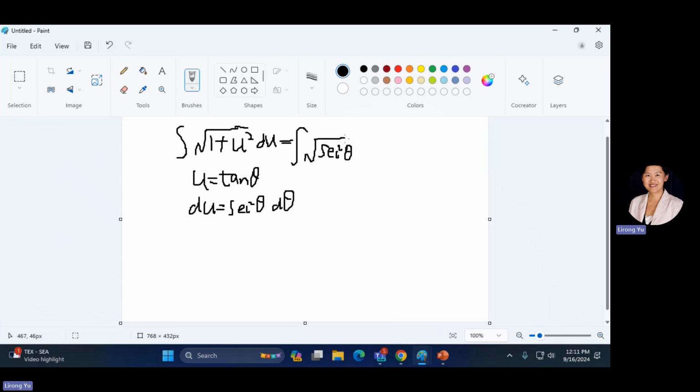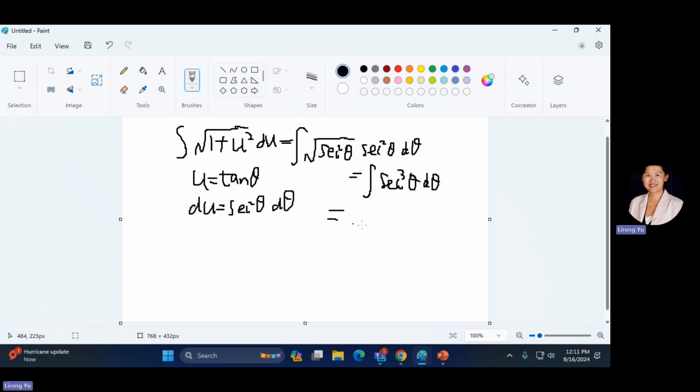So du will equal secant squared theta d theta. And then 1 plus u squared is 1 plus tangent squared, which is secant squared theta. So under the root is secant squared theta, and outside the root we have secant squared theta d theta. So altogether, this is going to be the integration of secant cubed theta d theta.